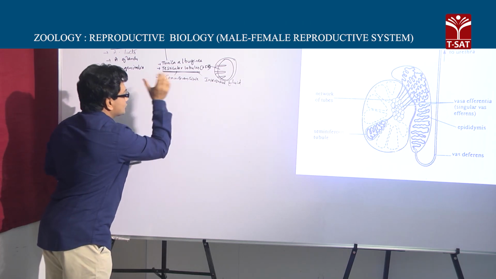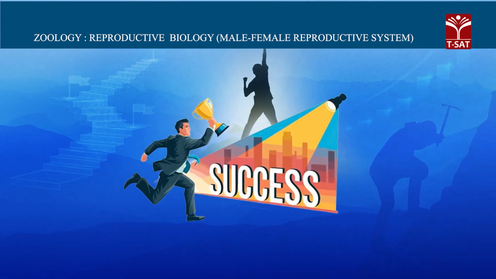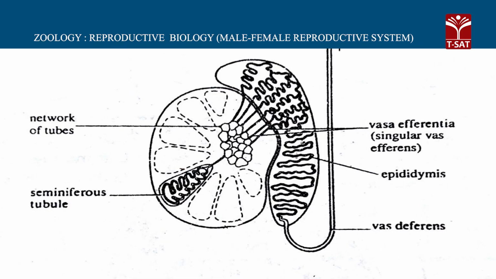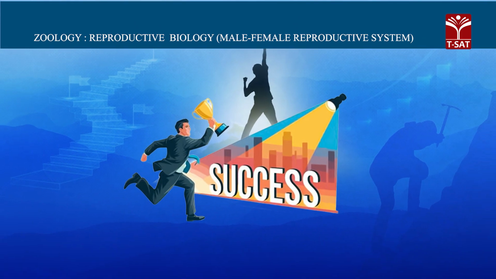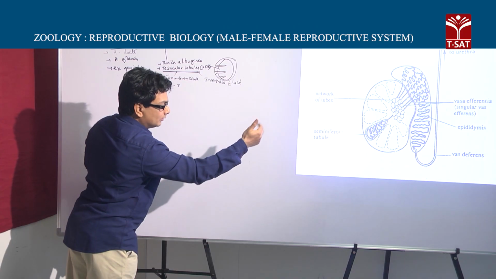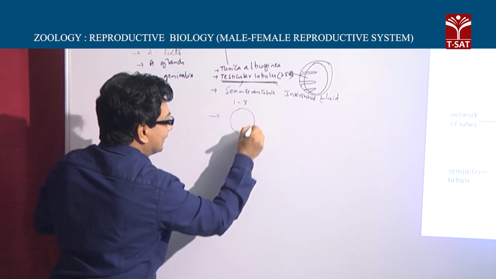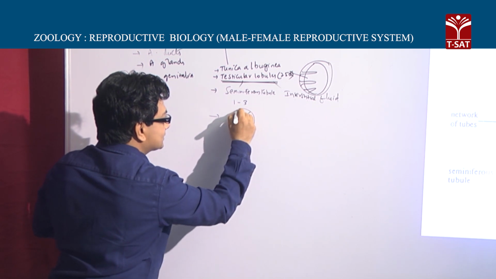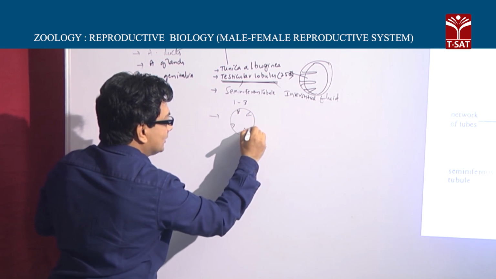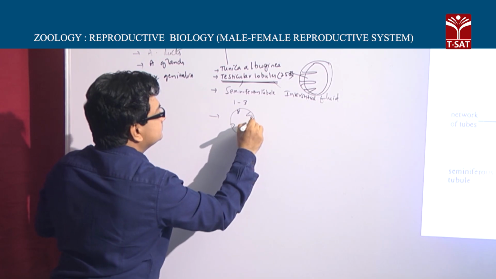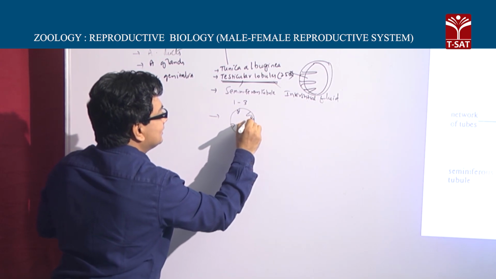Now each seminiferous tubule, you can see the seminiferous tubule there, about 1 to 3 in each testicular lobule, and within the seminiferous tubule we will find the tall Sertoli cells, and in between we find the germinal epithelial cells.